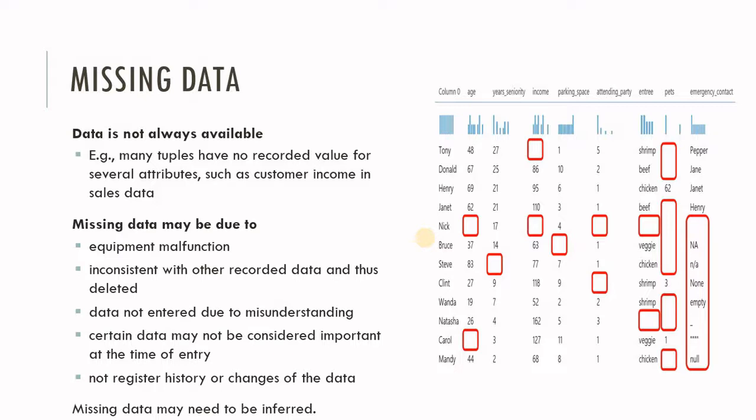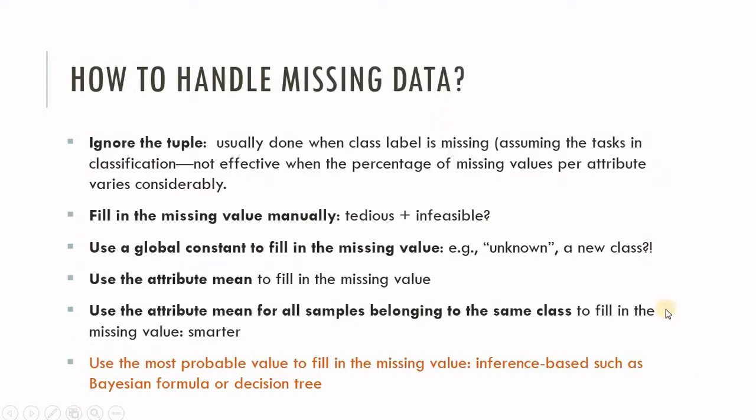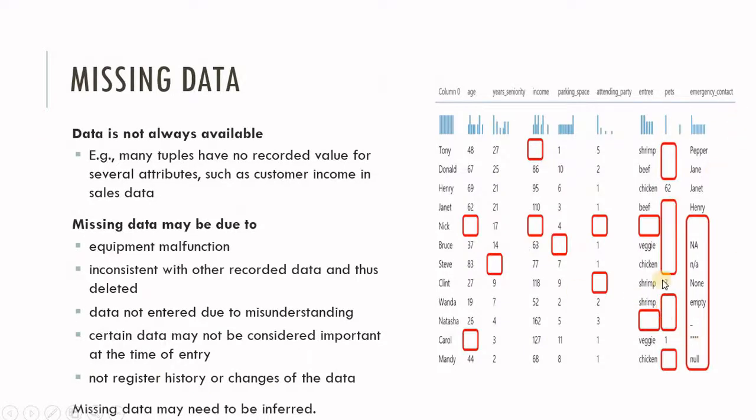As shown in the figure, this is a table of one data set, and it contains many attributes, but it has some empty values. This empty value is called missing data. If you want to work with a data mining algorithm, then you have to fill that missing value.